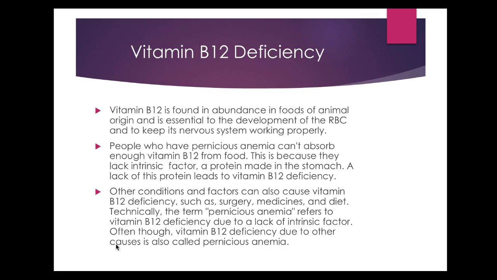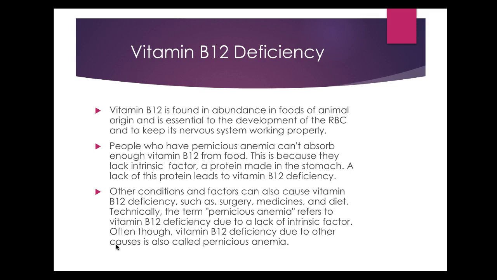There's pernicious anemia, and then there's just a lack of B12, and there's 2 different ways to treat it. We'll talk about that. Pernicious anemia means that you don't have intrinsic factor. It's a protein in the stomach. So if you don't have that intrinsic factor, then you really need to have some IM injections of B12 because you can't absorb the B12 very well through your GI system.